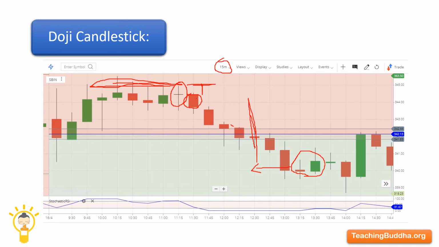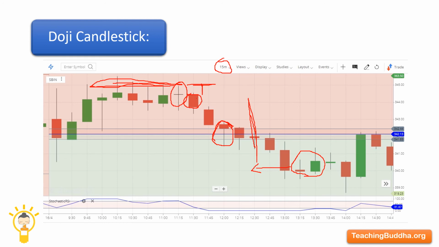At support, there is a formation of a candle. This is a hammer candlestick, which we will learn in the upcoming videos. So there is a support here. The trend may reverse. So you may exit here, booking your profit.